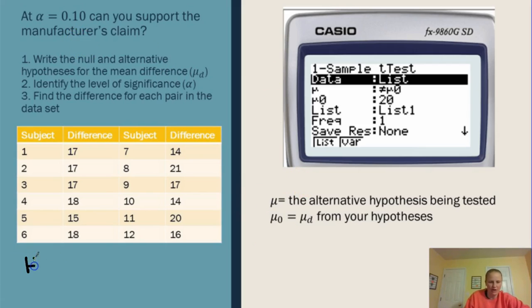My null hypothesis would be that the average difference, the mu d, average difference of weights for each person, is 20. So then our alternative hypothesis, we're not testing whether it's less than or greater than. So our alternative hypothesis would just be that it is not equal to 20.